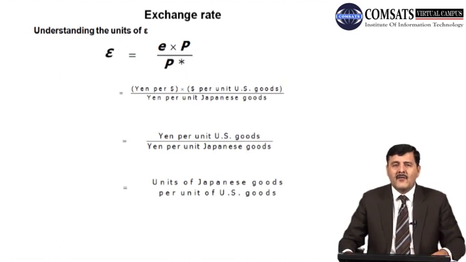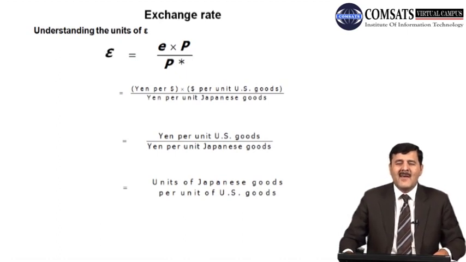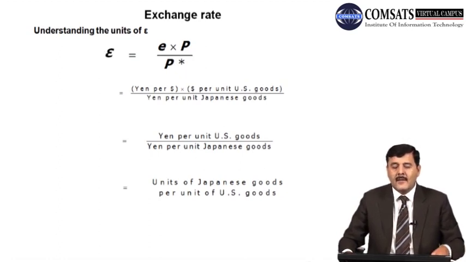E is the nominal exchange rate, P is the domestic price, P star is the foreign price, right? Suppose we are comparing Japanese goods with the US goods. So yen per dollar into per unit US goods divided by yen per unit Japanese good.